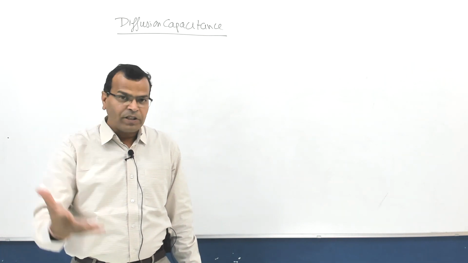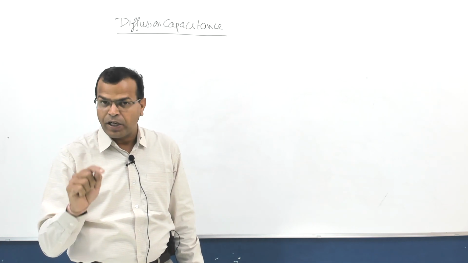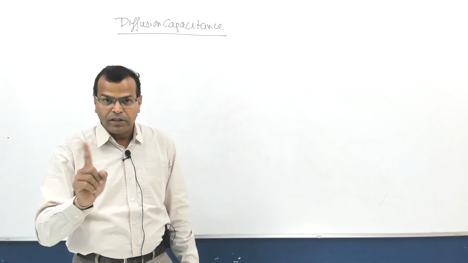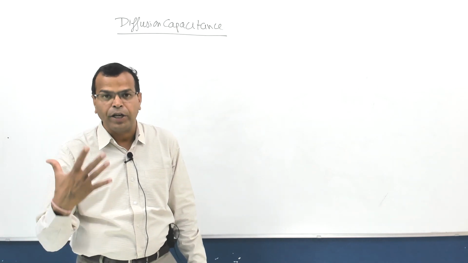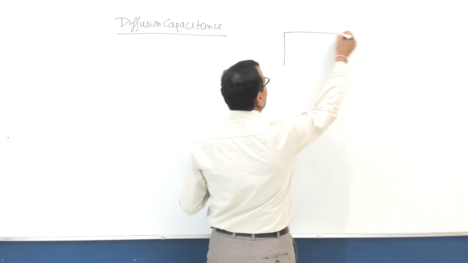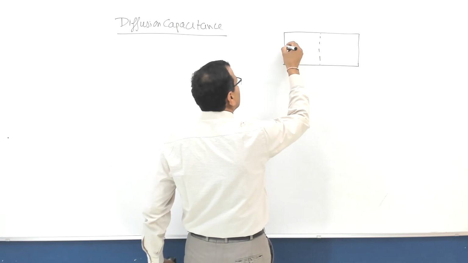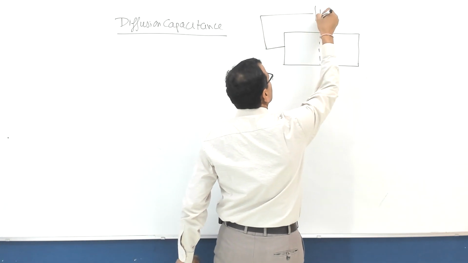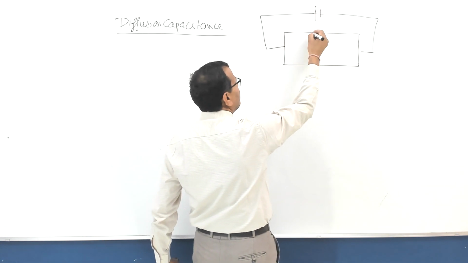In depletion layer we have seen the capacitance, so there is another capacitance which is coming into picture, that is diffusion capacitance, and this is not the transition capacitance, it is another capacitance which is coming into existence. Let us take the layer diagram of PN junction which is forward biased. This is a PN junction diode which is forward biased.